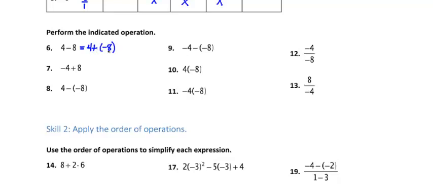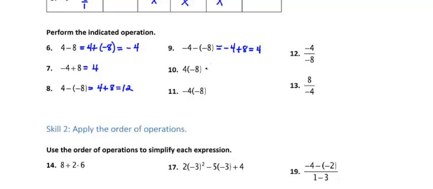So 4 plus -8 is -4. -4 plus 8 is also 4, but positive. 4 minus -8, we add the opposite to get 4 plus 8, which is 12. -4 minus -8 is equivalent to -4 plus 8, which is 4.